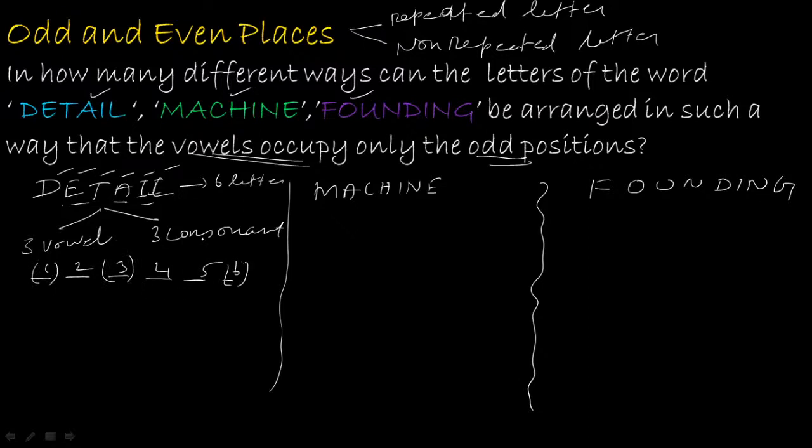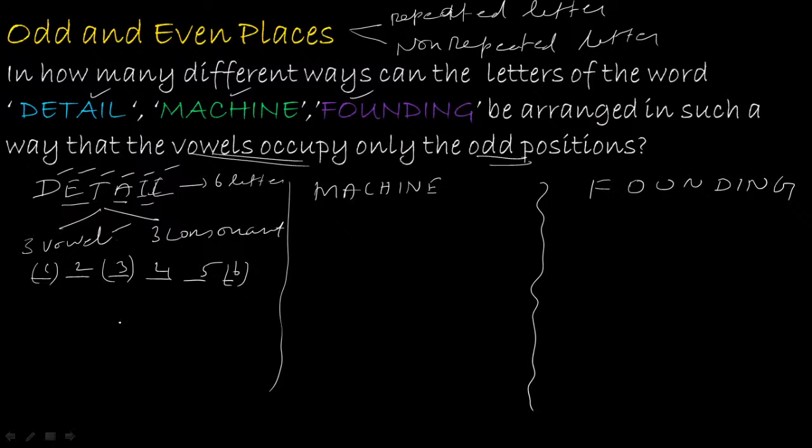So here we have 3 odd portions, 1, 3, 5, and we have 3 vowels, isn't it? For that we have 3 vowels. So the 3 vowels can be placed at any of these 3 odd places, either 1, 3 and 5.